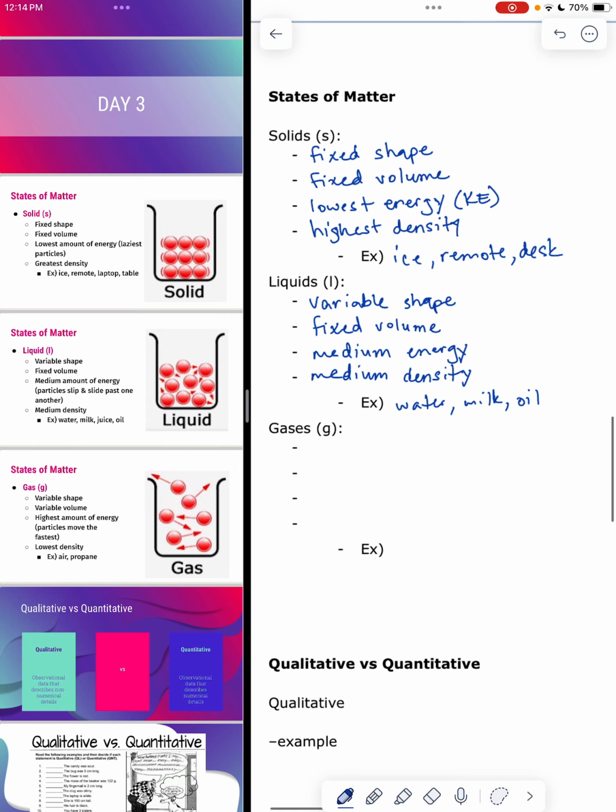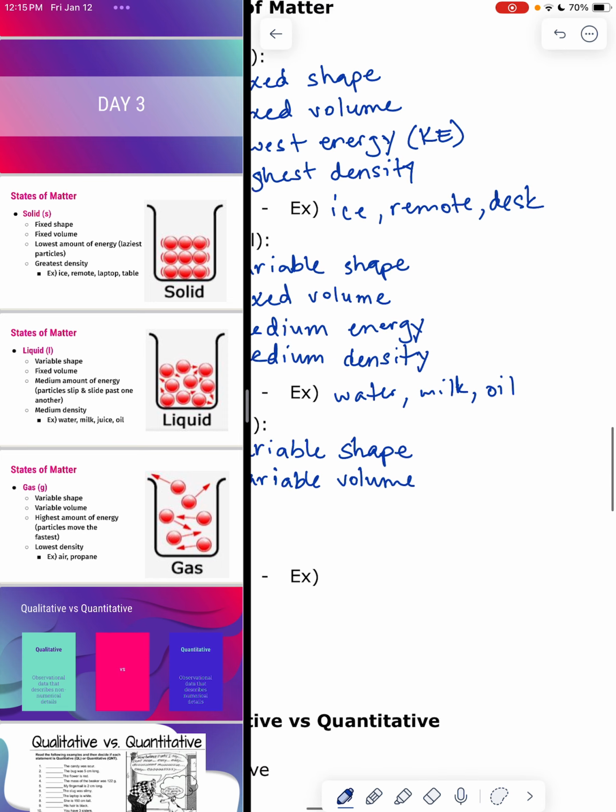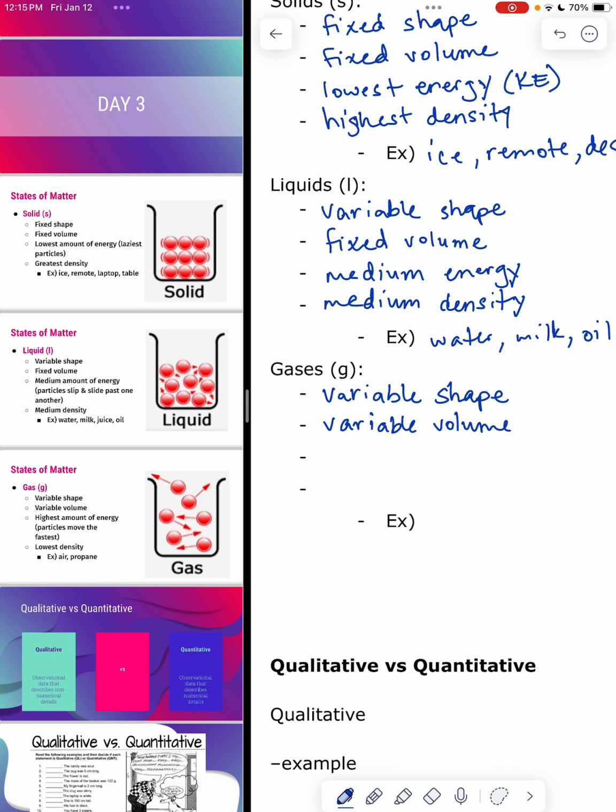And now gases, and of course, that's the other end, where gases have a variable shape. Again, that word variable means that it could change the way that it looks. But gases also have a variable volume, which means that they can take up the space that they're given, because they can spread out.